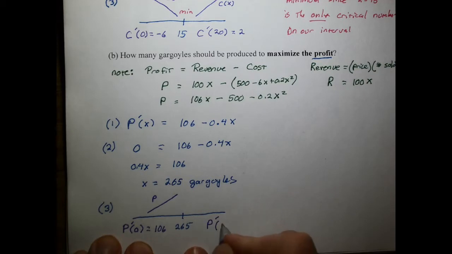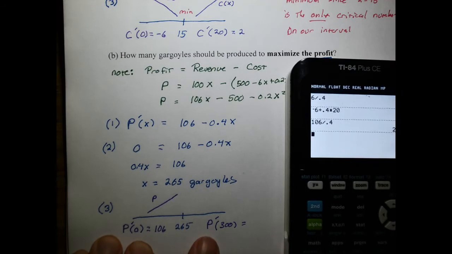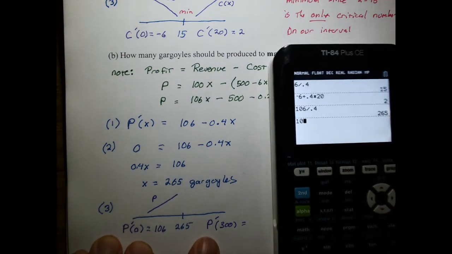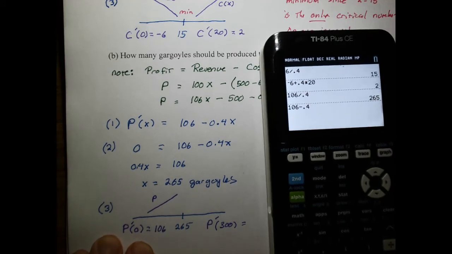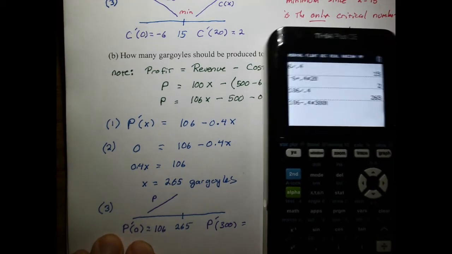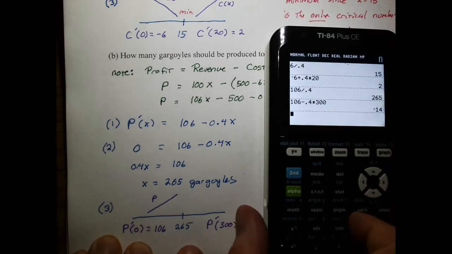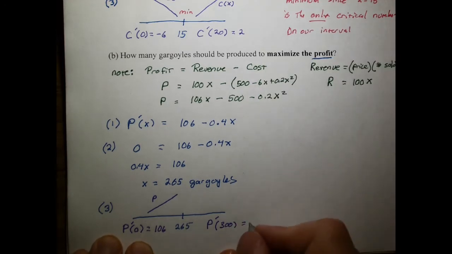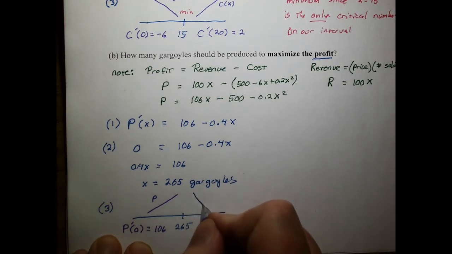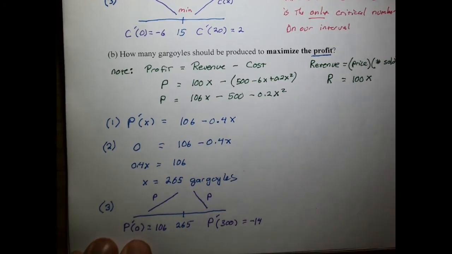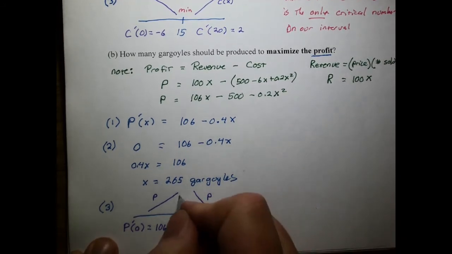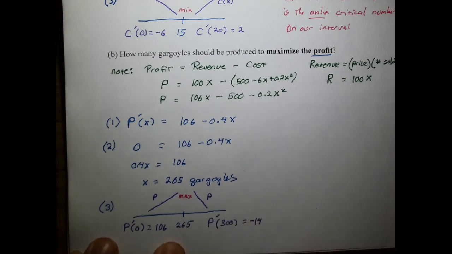And let's say we test 300 into the derivative. So this will be 106 minus 0.4 times 300, and we get negative 14. So if the derivative is negative, the profit is decreasing, which means we have a maximum here.